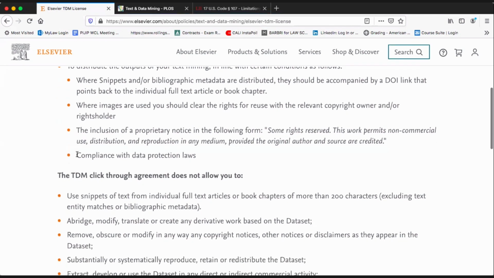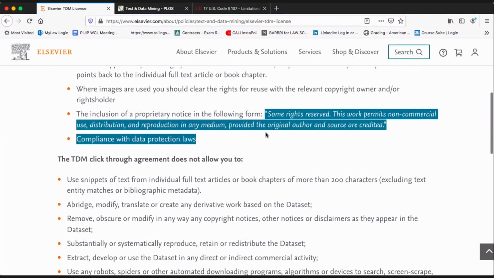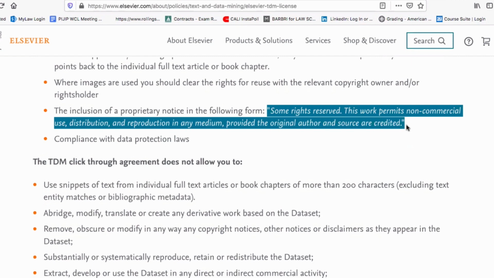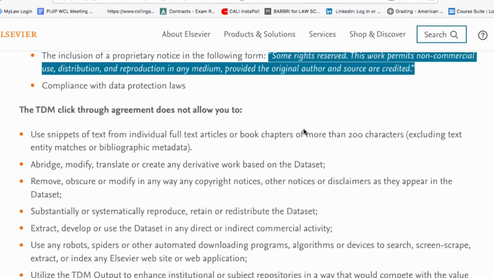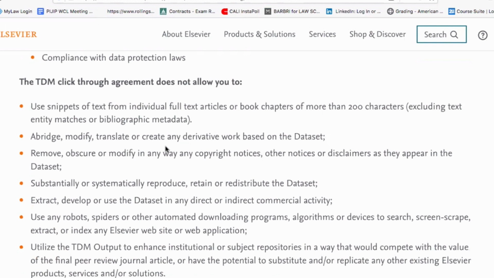If images are part of the output, you have to have clear rights for reuse. And look at what they want to tell you is their view of your rights as a user: that you can only make non-commercial use, and it limits these various sorts of use. And then there are a variety of things that you're not allowed to do.